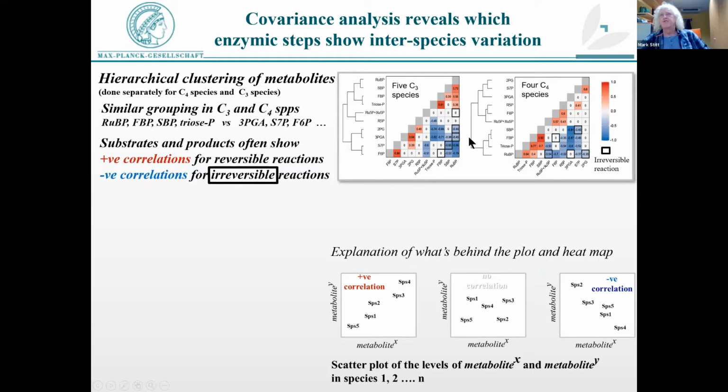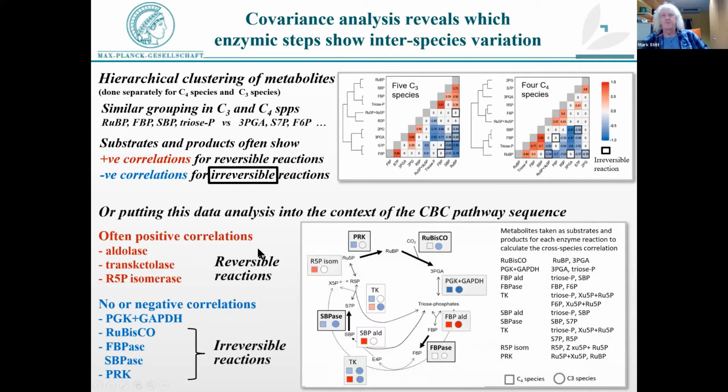When we look at which of these reaction pairs, metabolite pairs, are involved in a particular kind of reaction, most of the things which are correlated are reversible. Most of the things which are anti-correlated, negative, are irreversible. Or putting this in the context of the pathway, we usually get positive correlations between metabolites which are involved in reversible reactions, and we have negative correlation or no correlation between enzymes which are catalyzing an irreversible reaction.